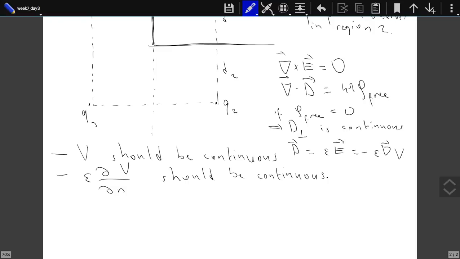So these are the two conditions that we should fix on the boundary. I mean, we should choose the distances d2 and d2 prime and the charges q2, q3, q4, and q prime such that these conditions are satisfied.